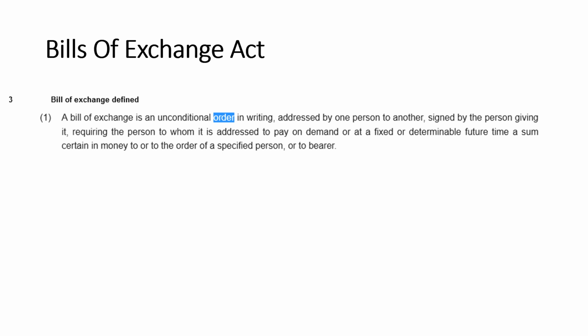The Bills of Exchange Act is an unconditional order in writing addressed from one person to another, signed by the person giving it, requiring the person who had addressed it to pay on demand or at a fixed or determinable future sum. Now, as we both know, council tax is typically 1 year to pay out your council tax bill.